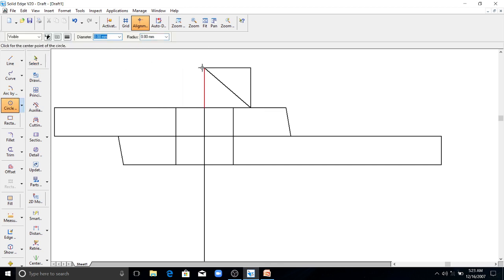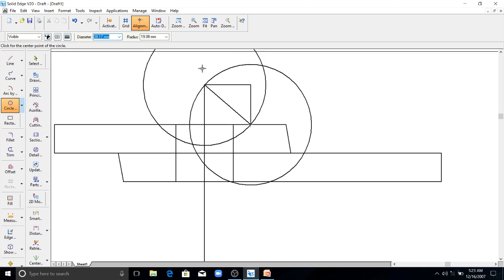So I will draw like this, bisect this line. This is the bisector of these two lines. These 2 points give the bisector of the line. Draw this line till it touches this center line.